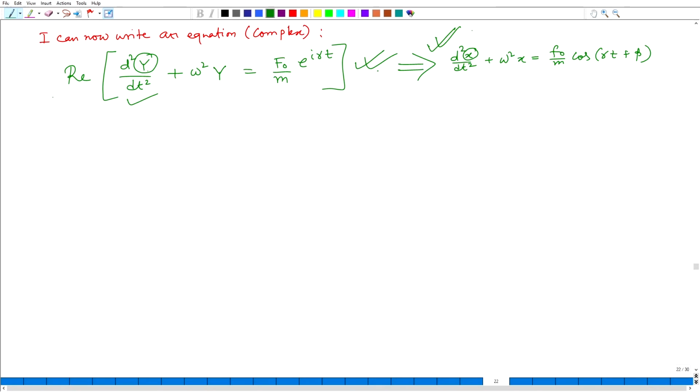So, at some point we also have to use that fact. Anyways, we start from this equation and our goal is to find y as a function of t and then to find the real part of y of t.